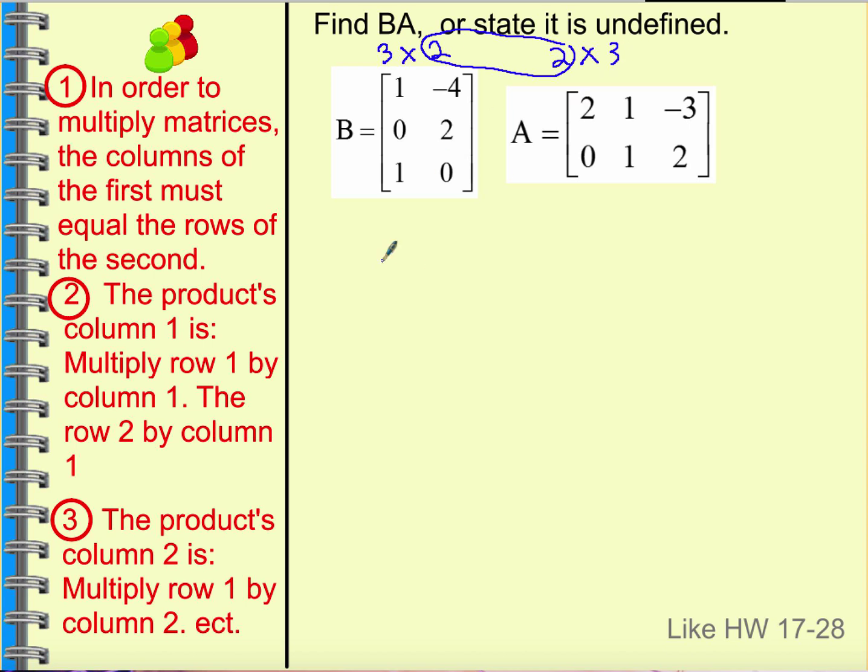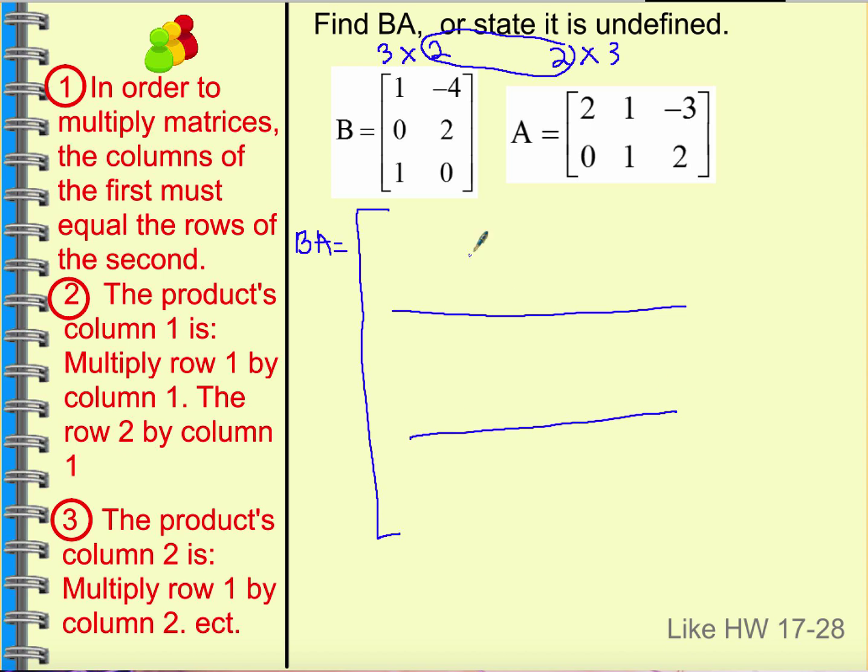I'm going to have a 3 by 3 result. Okay, so make sure you're really careful here because it almost got me too. So let's find BA. So I'm going to set this up not with a 2 by 2, but with a 3 by 3. You guys like to play tic-tac-toe? I hope so, because that's what we're doing.